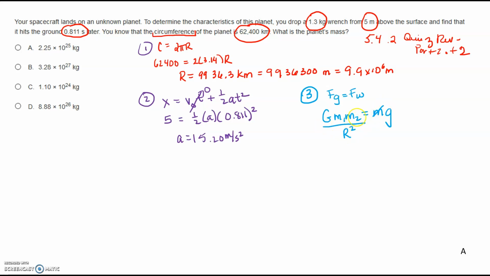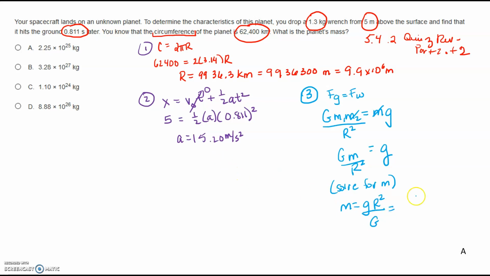One of my m's is going to cancel out, so I end up with, oh, I know why, because I need this, that's gravity. Gm over r squared. And then I solve for m, which is the planet's mass. So m is equal to gravity r squared over big G.